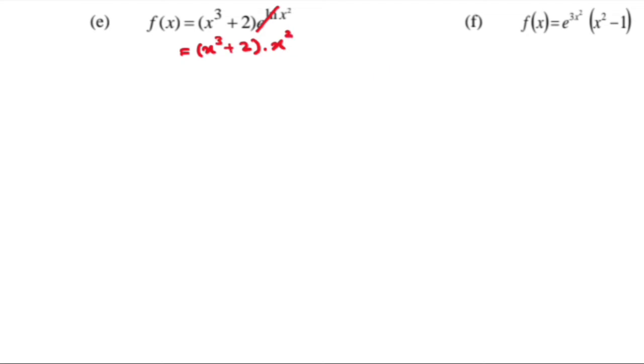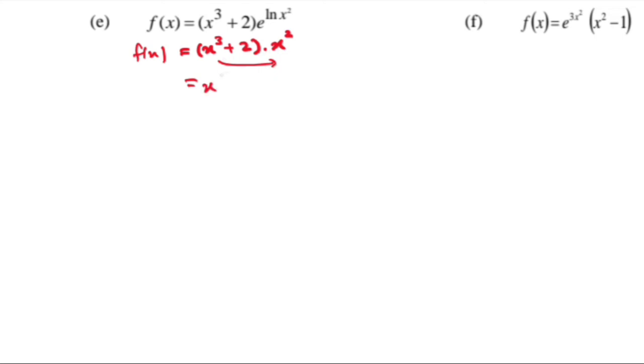Now, once you have simplified that, what you can do next is you can use product rule because we have two functions of x multiplied together. But if you can be smart, you can expand these terms.